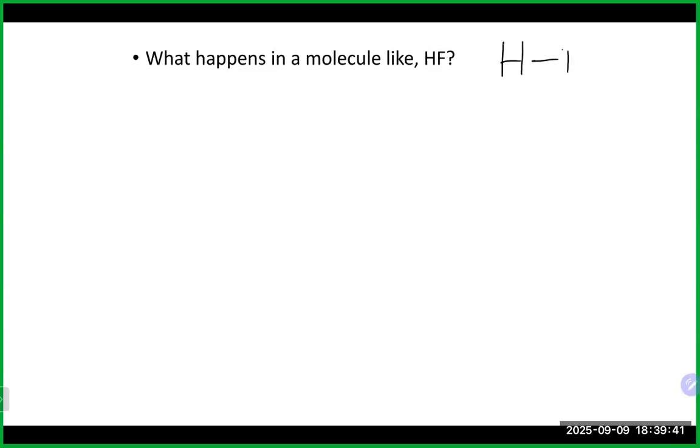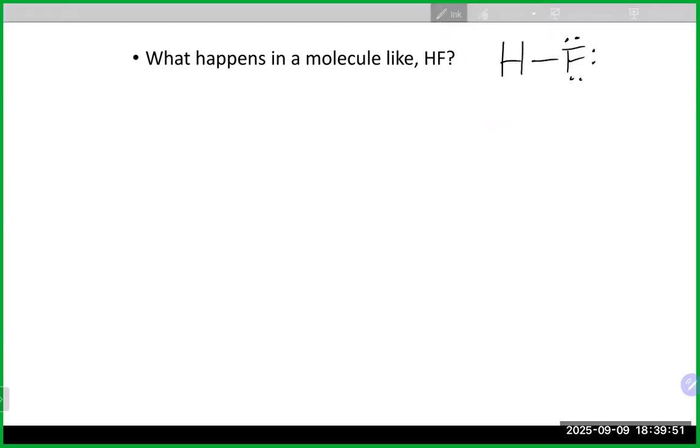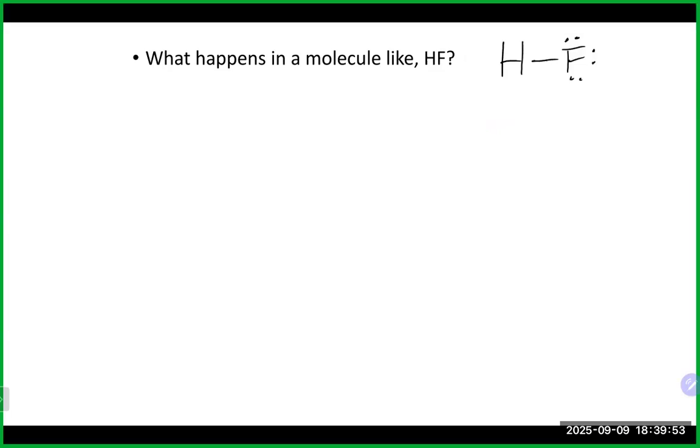Now, what would happen if we didn't have two hydrogens and we switched out one of the hydrogens for fluorine? When we look at the electronegativity of hydrogen versus fluorine, we know that fluorine is way more electronegative. It's actually the most electronegative element you could have.